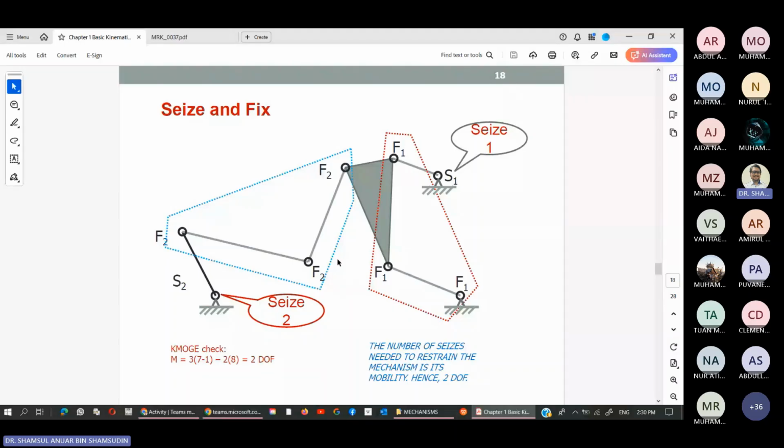For example, if I want to see how many actuators there are, from this sketch we are not told how many motors or hydraulic arms are being employed here.